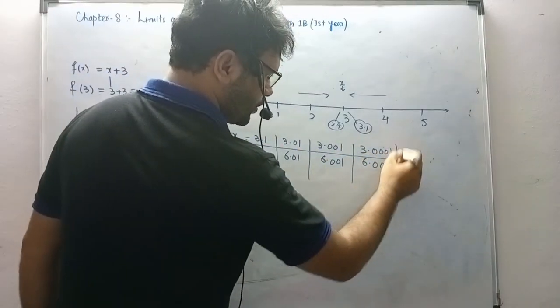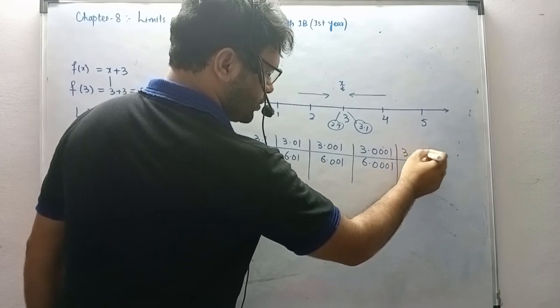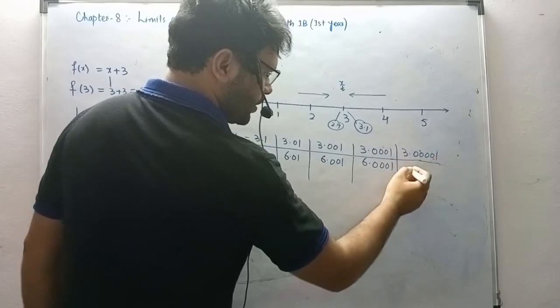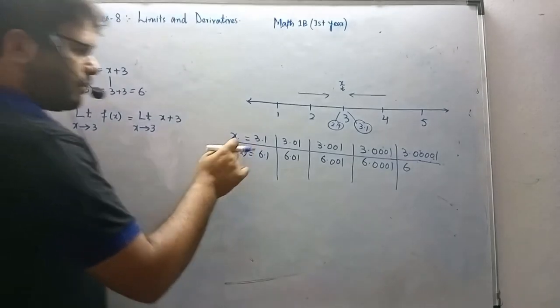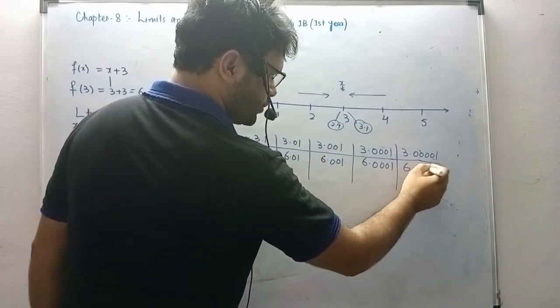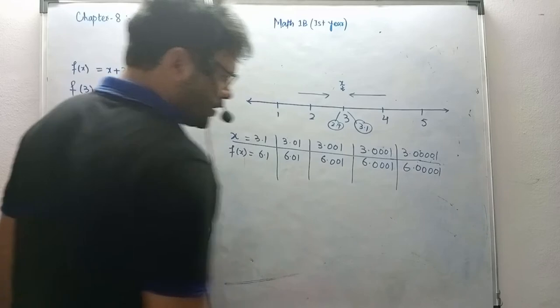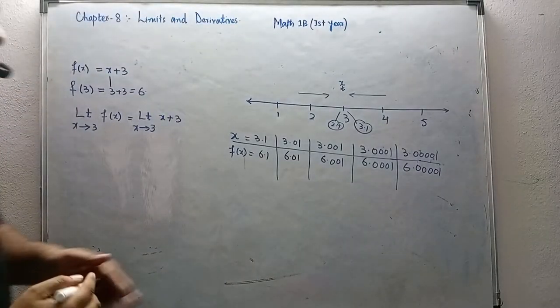And if I write 3.00001, I will get f(x) as 6.00001.